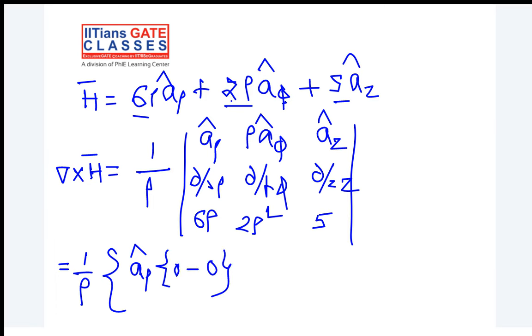So finally, there is no a rho coefficient, there is no phi coefficient, and the z coefficient will be 4 rho by rho. So the answer will become 4 az cap.